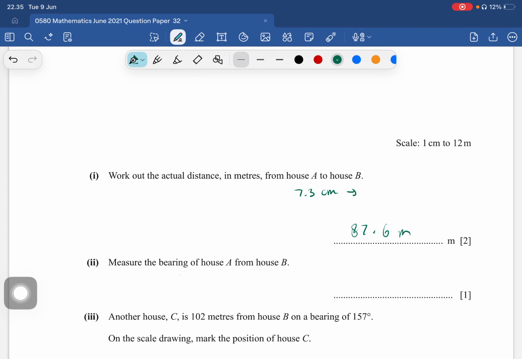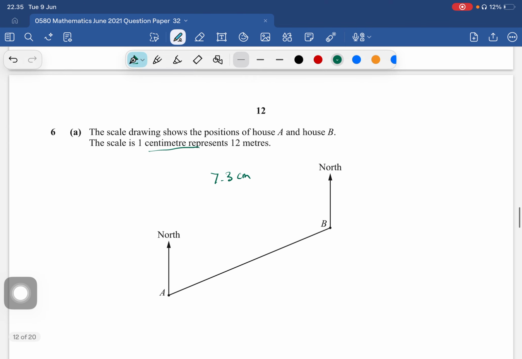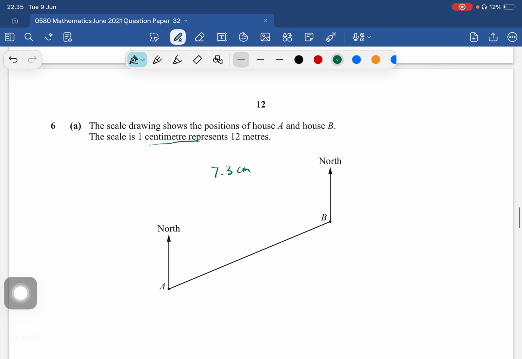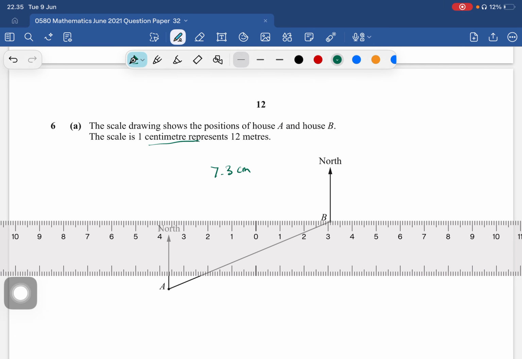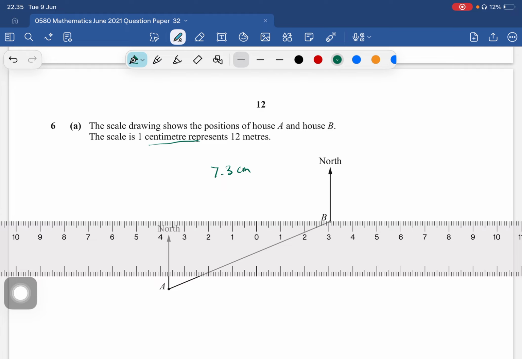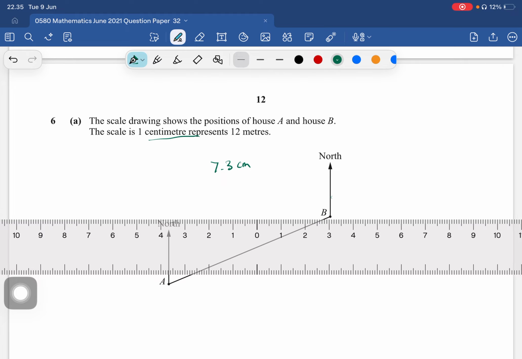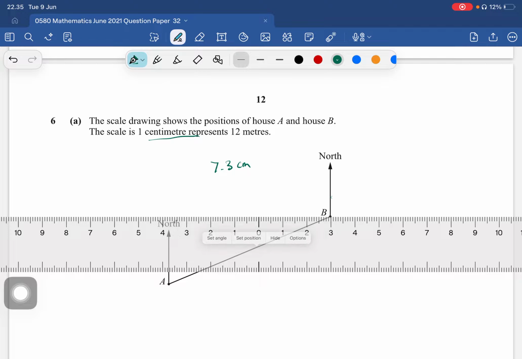Measure the bearing of house A from house B. Here's the bearing. Here we got 90 degrees. A protractor is the easiest way, starting from the north. As I don't have the protractor, I will use a ruler.